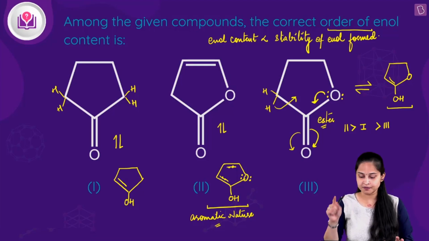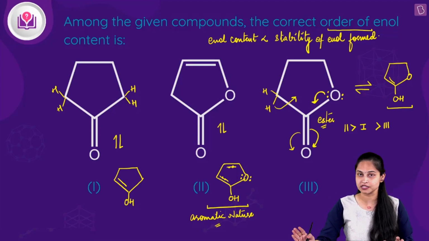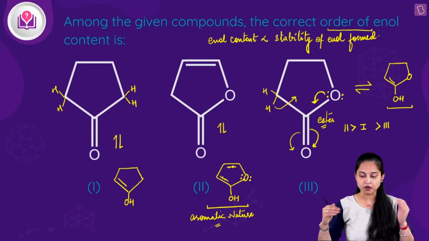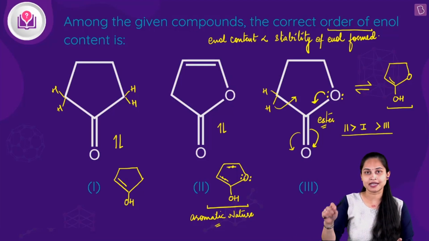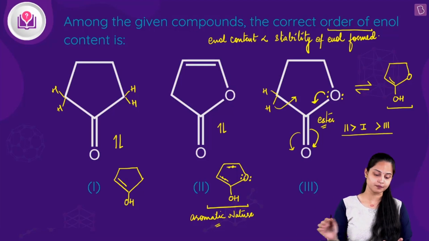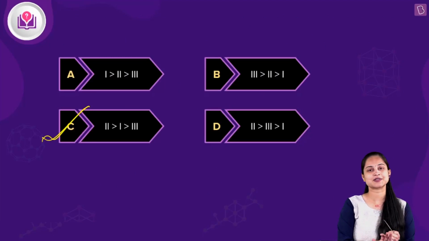Reason being, the third is an ester, and for the ester, ketoenol tautomerism is generally not exhibited because of the cross conjugation which is actually happening. Hence it's the second, first and third. So the correct enol content order for the compounds given to me will be second, first and third basically. Option number C is the right answer to this question.